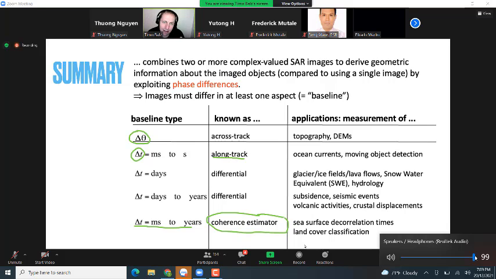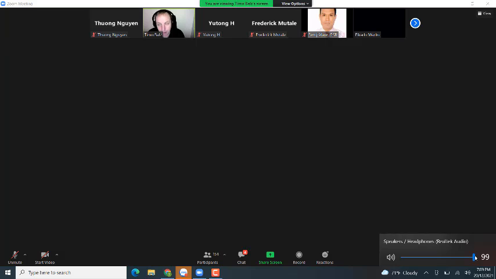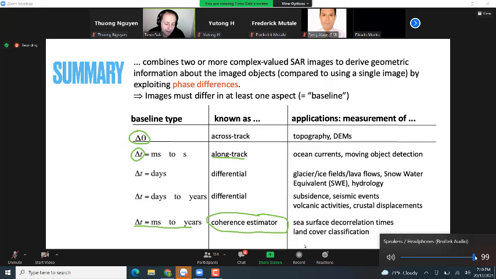We could separate different water decorrelation types, but land cover classification, water decorrelates very fast, right? But we can say, well, different lower vegetation decorrelates slowly, high vegetation forest decorrelates fast, urban areas do not decorrelate or extremely slowly.